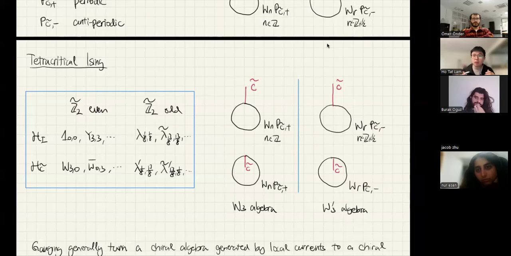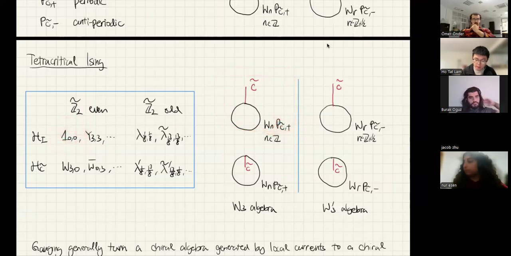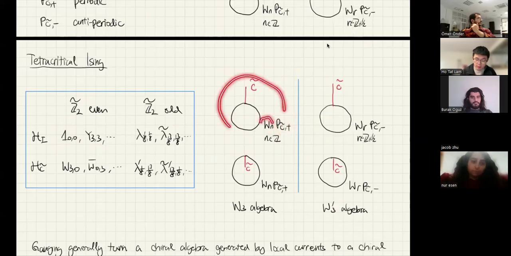But now you need to be careful that when you start with the local operators and apply the W3 generators, it might map you to non-local operators. So for example, let's start with the identity operator. We can apply these lasso operators, right? Because this is charge neutral under the C tilde symmetry. And then we can apply these lasso operators and get operators that are attached by C tilde.